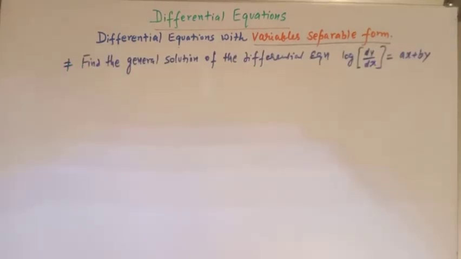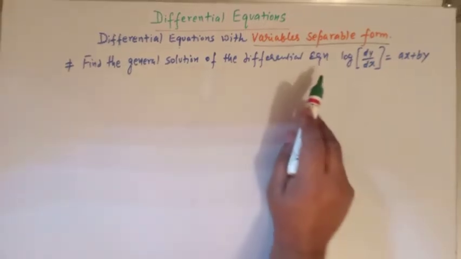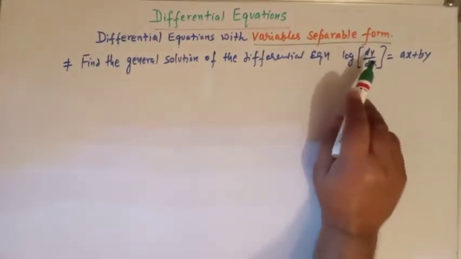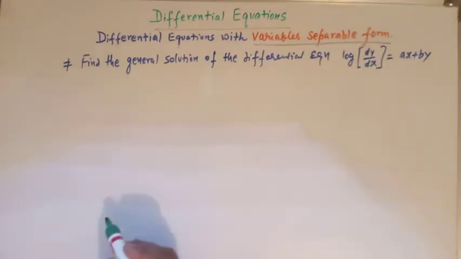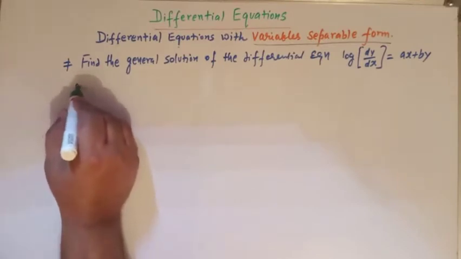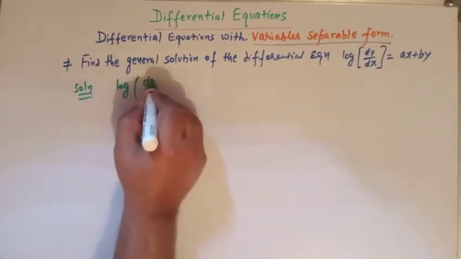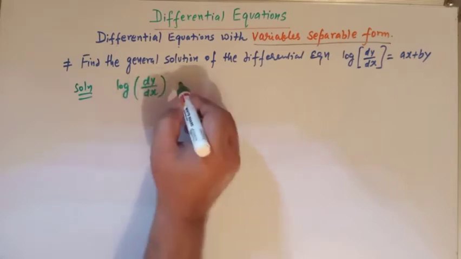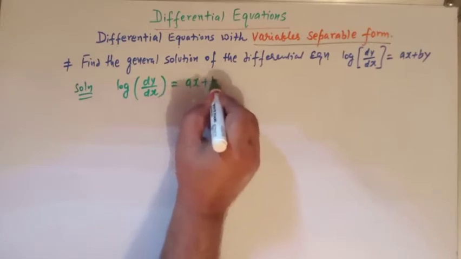Now viewers, let us take this problem. Find the general solution of the differential equation log of dy by dx is equal to ax plus by. Now viewers, here we have the equation log of dy by dx is equal to ax plus by.